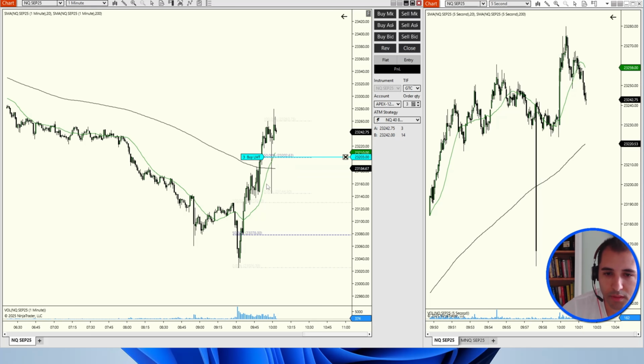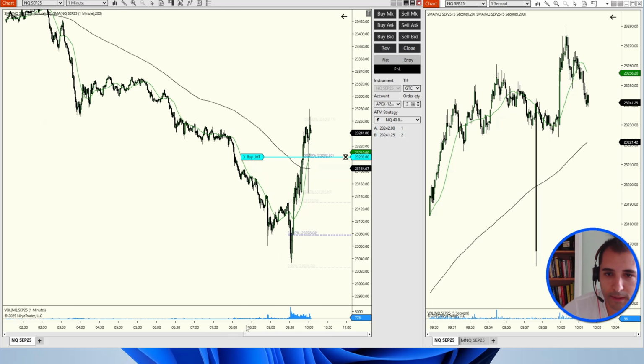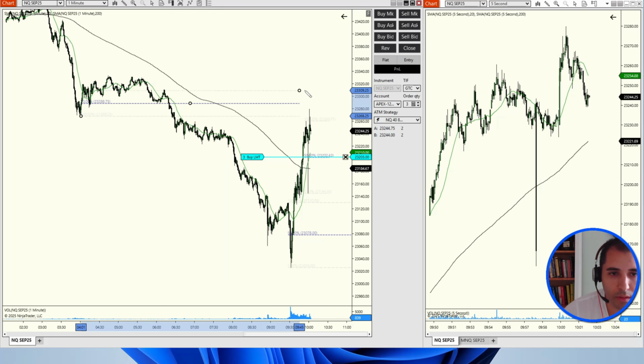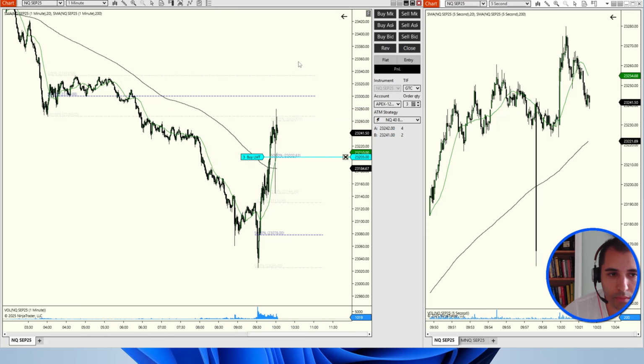So as we have the 20-day moving average above the 200-day moving average, I am still looking for longs. Just see what else could have maybe happened here. Is this there? Nope. 8 to 9.